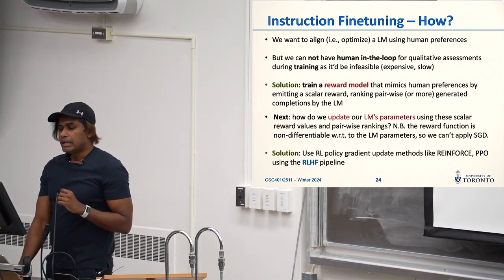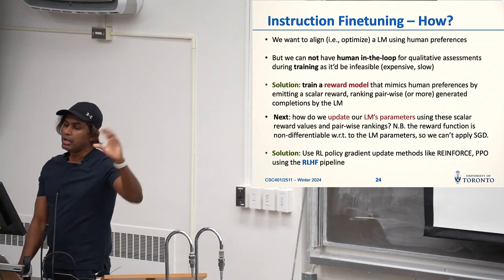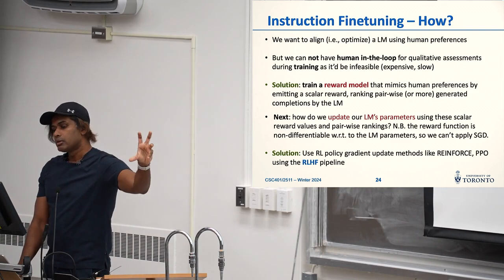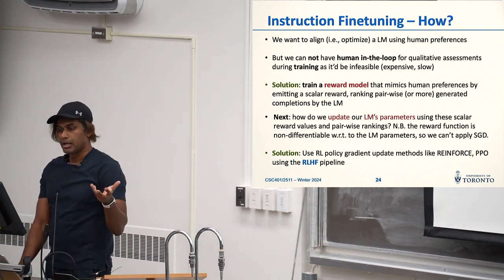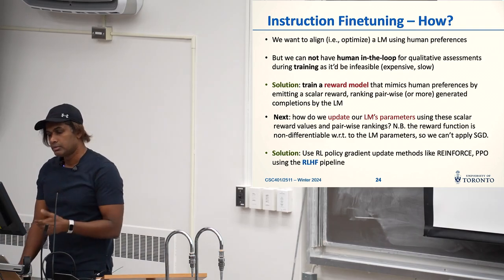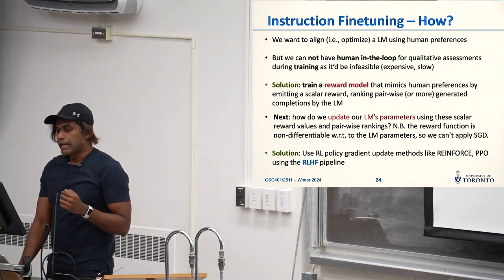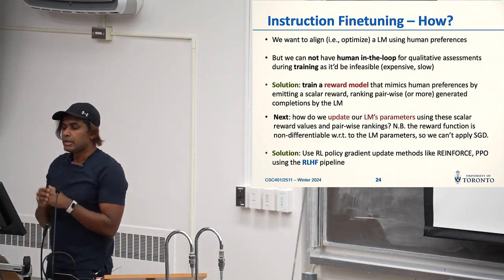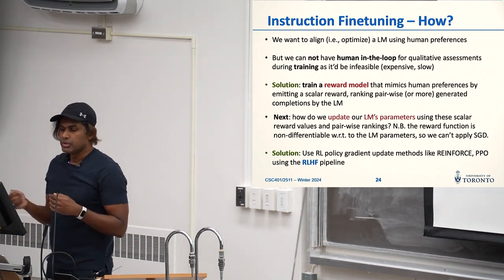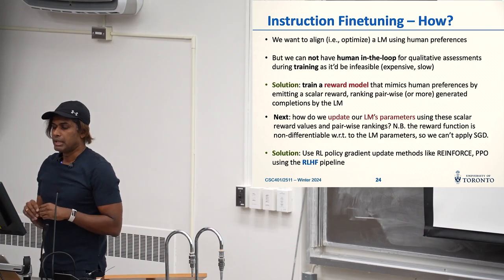Next, you have that reward model that mimics the human. Then how do you use that reward model to update your model parameters? These are the two problems I want you to think about. The solution is that we'll be using reinforcement learning policy gradient update methods like REINFORCE and PPO within the RLHF pipeline.